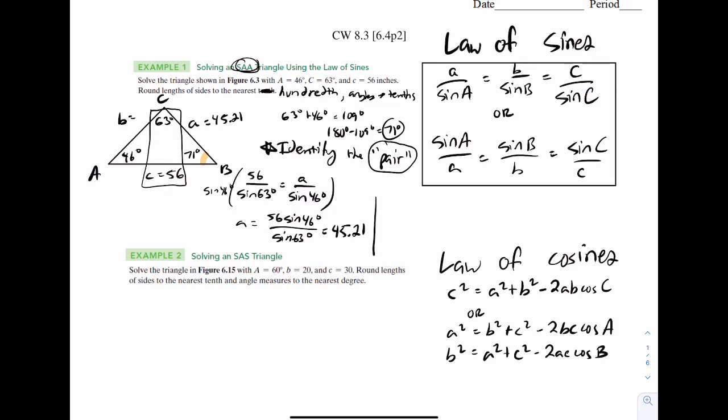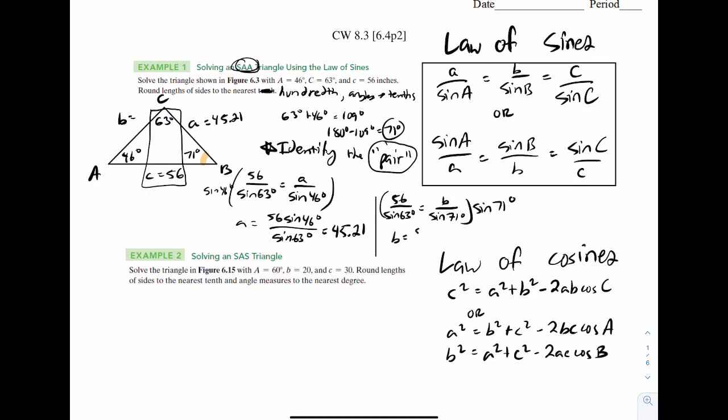Now I'll do the same thing for the next leg. You can just do 56 over sine 63. That should equal b over sine 71. Multiply by sine 71.